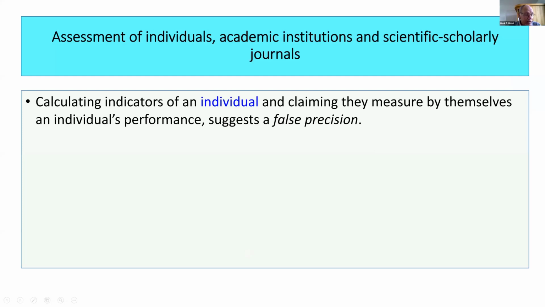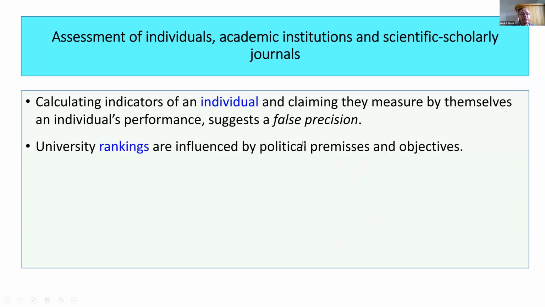Now, the main thesis of the book is basically this. First of all, calculating indicators of an individual and claiming that they measure the performance of an individual suggests a false precision. Secondly, university rankings are influenced by political premises and objectives.